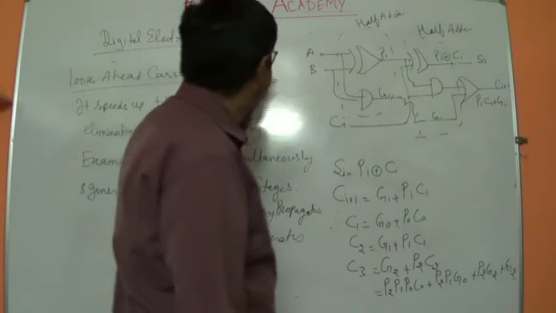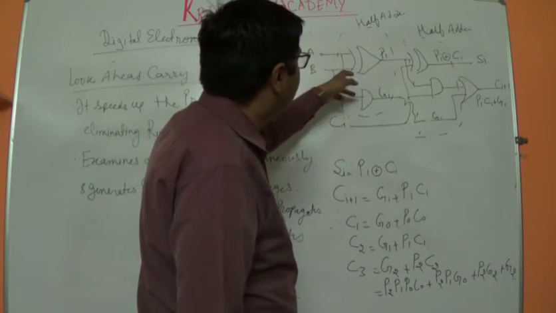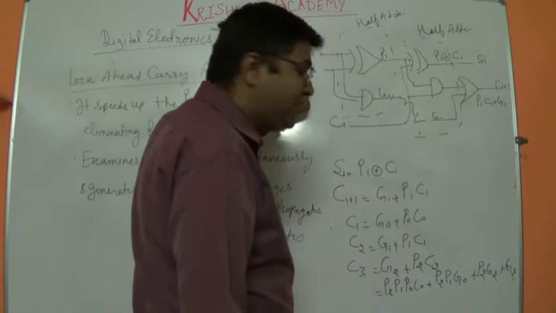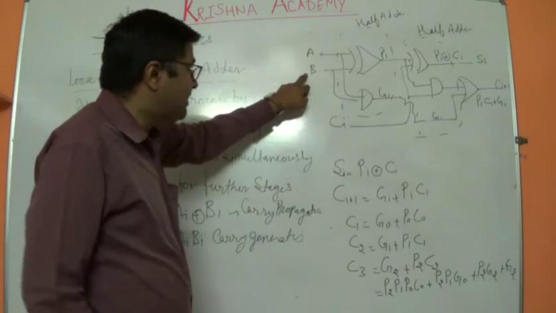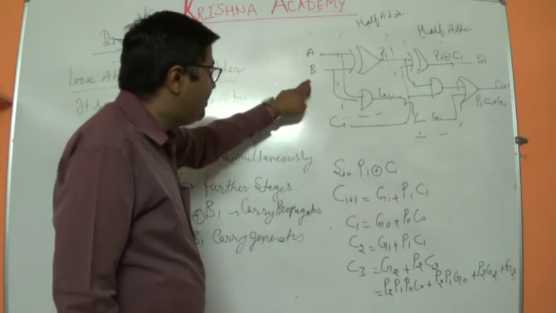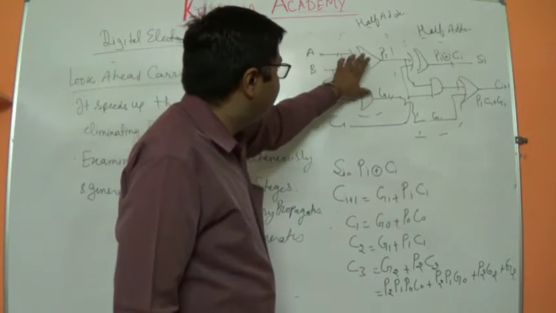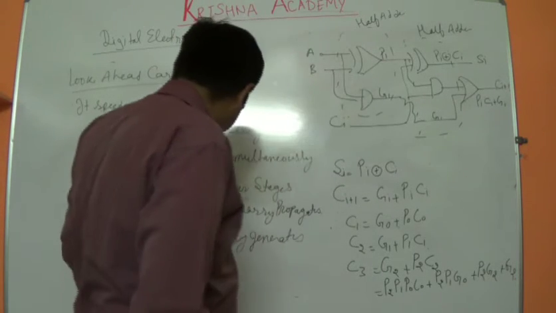Now, let's talk about this look ahead carry adder circuit. In this circuit, we use two half adders. A and B are the two digital numbers which need to be added. A and B go through this XOR gate, which generates the Pi we have already explained.